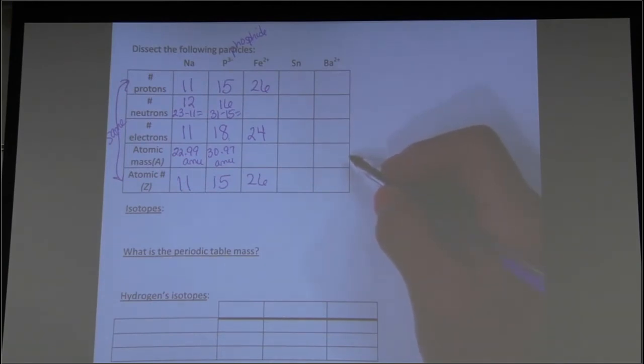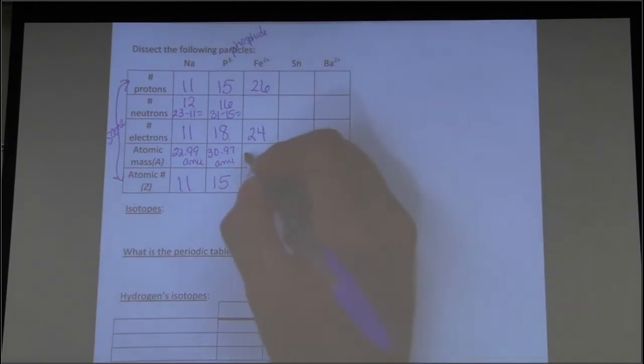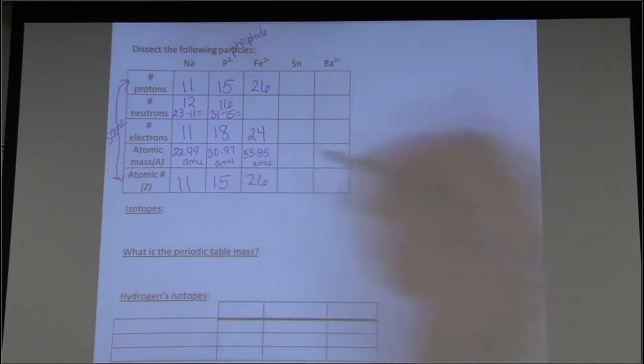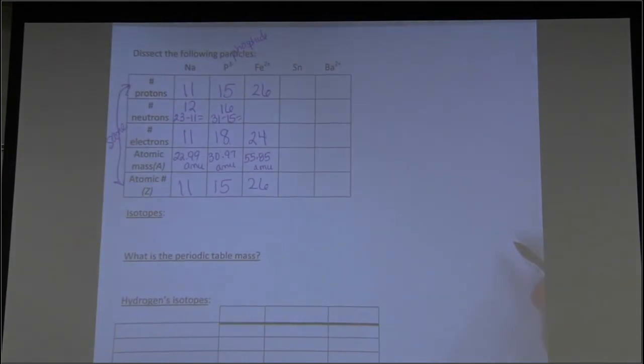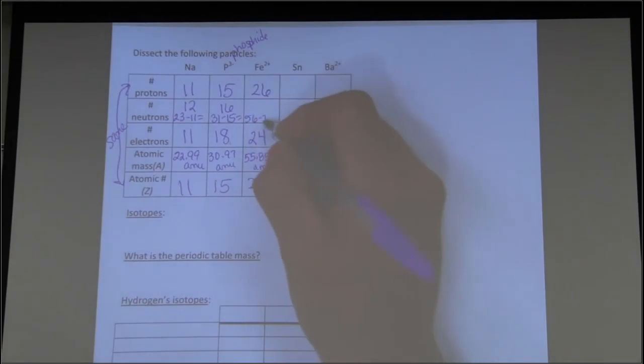Plus 2. It has a plus 2 charge. That means it's lost 2. Good. What's the mass? It's 55.85, rounded properly, AMU. And then 56 minus 26 is what? 30 neutrons.